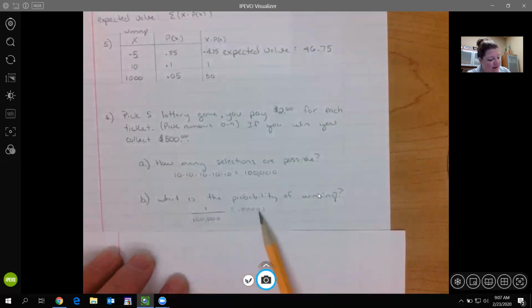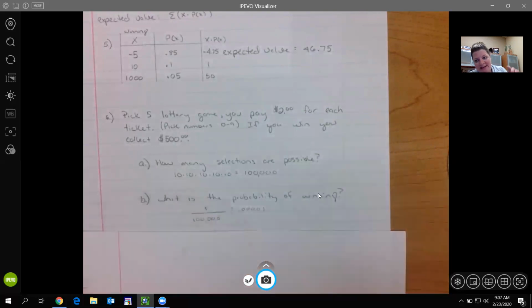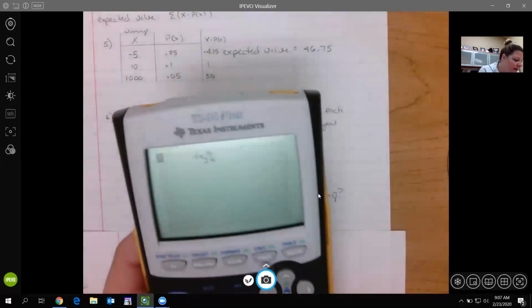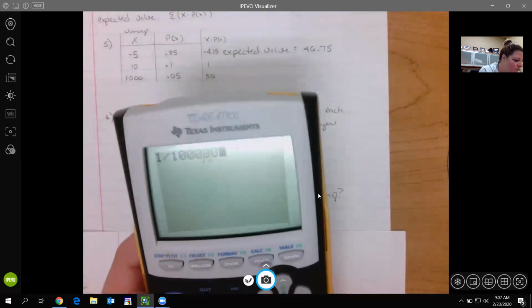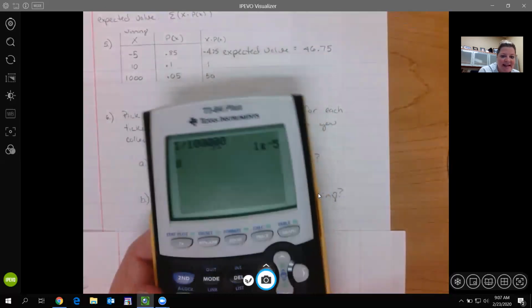hundreds, thousands, 10,000s, 100,000s. Okay, so if it gives you the E on your calculator, it tells you how many places to move your decimal. So for example, if I did 1 divided by 100,000, it's going to say this.